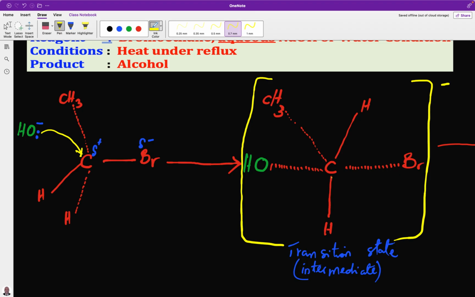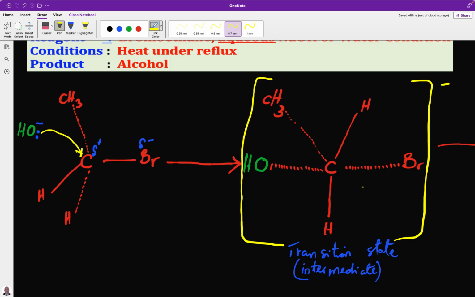And within the transition state, there are how many groups? We have 1, 2, 3, 4, 5. There are 5 groups within the transition state. It is an intermediate stage. Within this stage, there's rearrangement of bonds. Bonds are formed, bonds are broken, and bonds are rearranged.